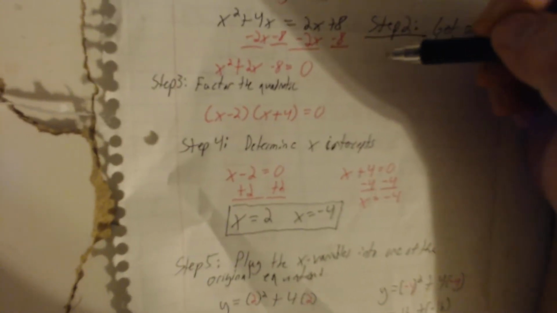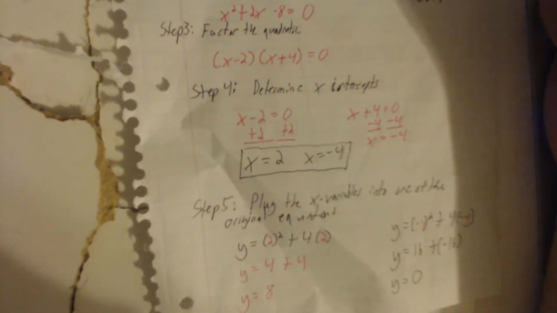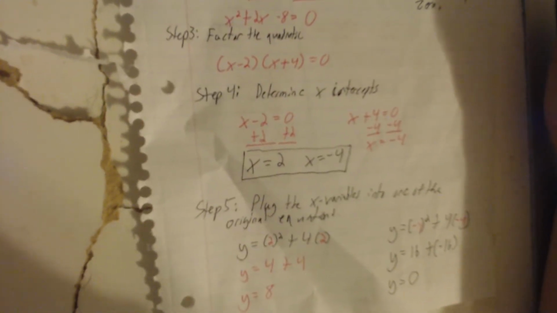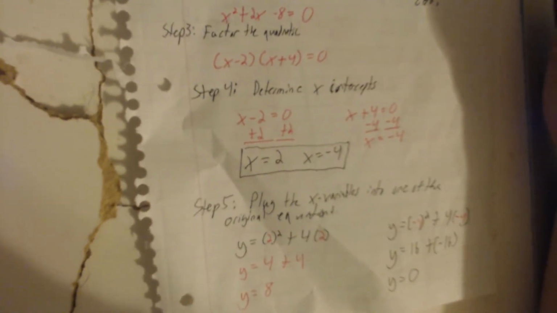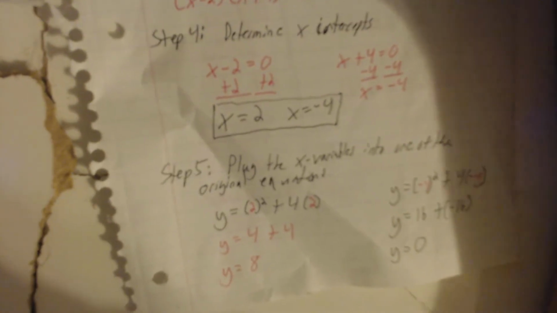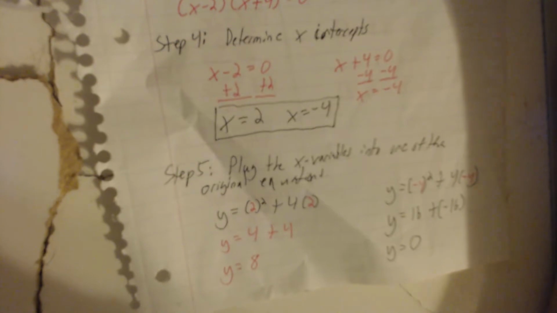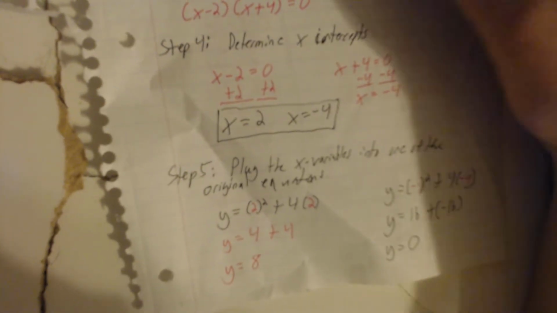So you take negative 2x minus 8, and then you get a quadratic, and then simply factor that, and then you'll have to determine the x-intercepts for where the two systems will actually meet. You just simply have x minus 2 equals 0 and x plus 4 equals 0, and then that'll give you your answers once you do the algebra.